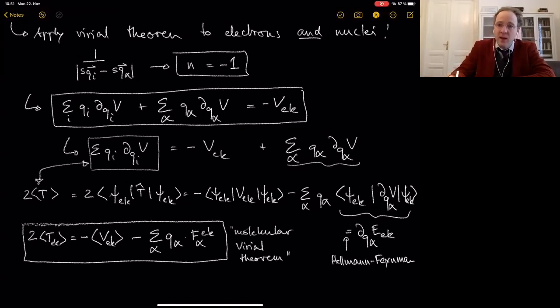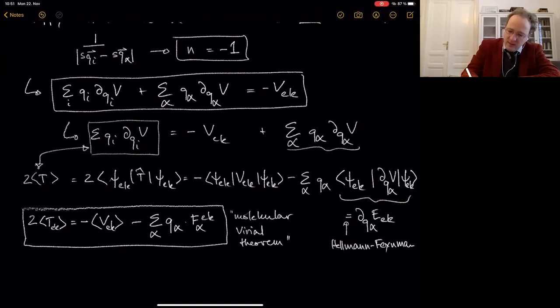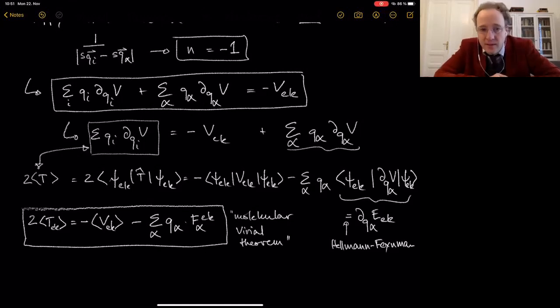In particular, what you find here obviously is that if your forces here are 0, then the conventional Virial theorem for homogeneous potentials applies.